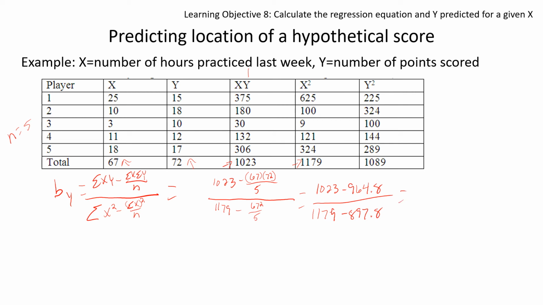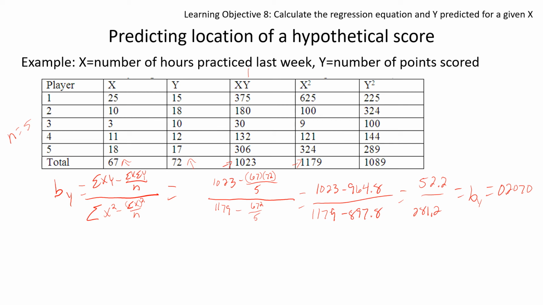Do a little bit more math, we get 58.2 divided by 281.2, or we finally get a slope of 0.2070. I'm going to go to 4 decimal places on the intermediate steps and then round to 2 decimal places for my final answer.